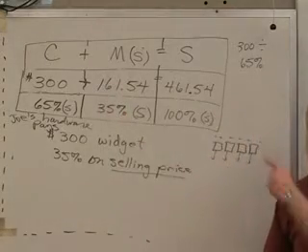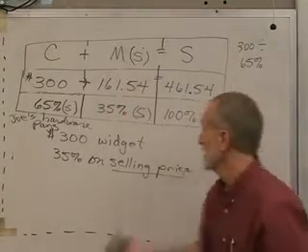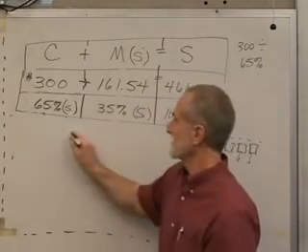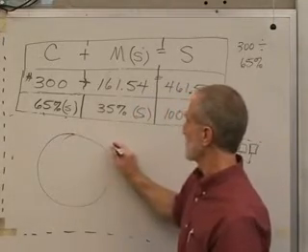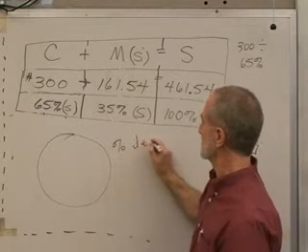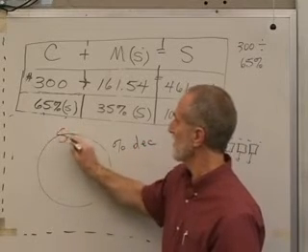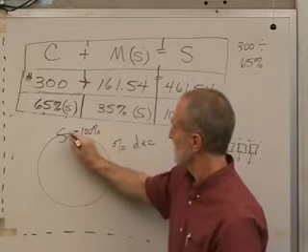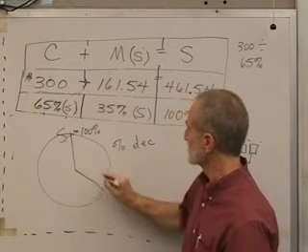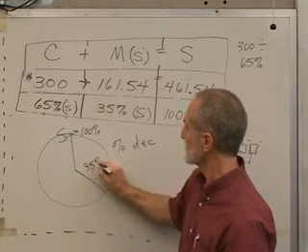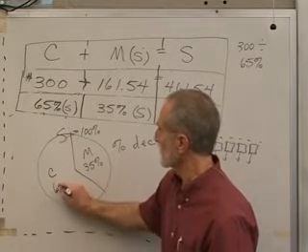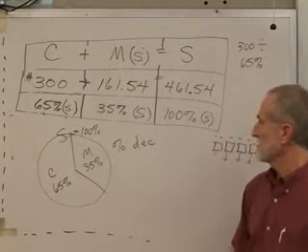That's what's really going on mathematically. Margin based on selling price is exactly like percent decrease. The selling price is the biggest thing, that's the 100%. The margin is smaller than that, it's the 35%. And the cost is smaller than the selling price, it's the 65%.